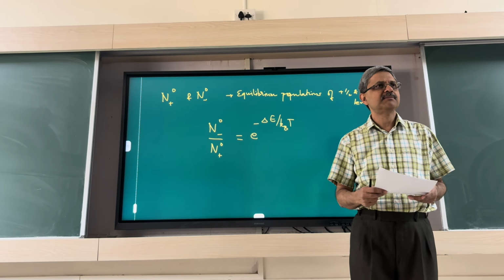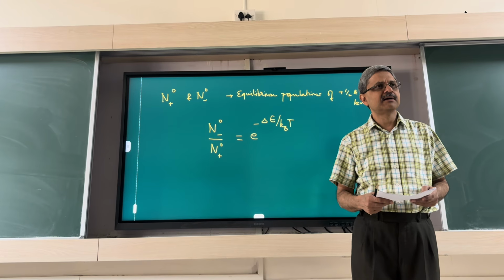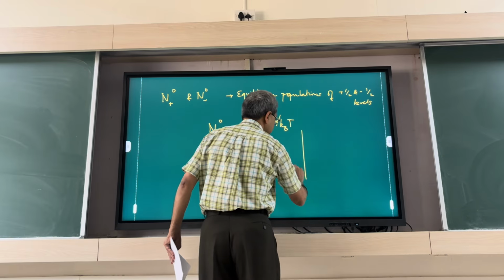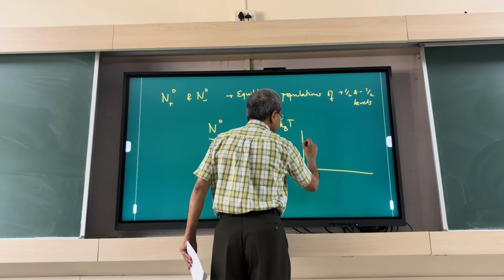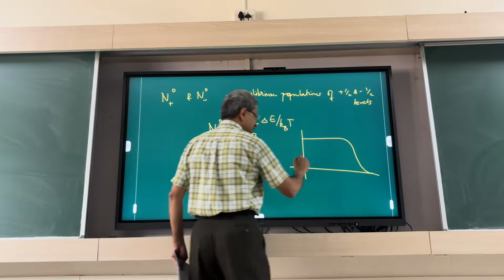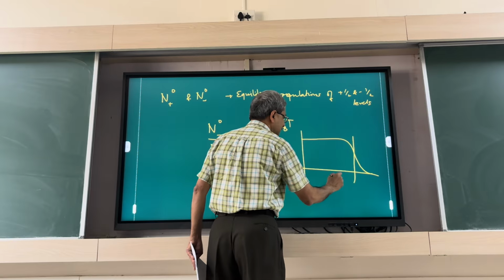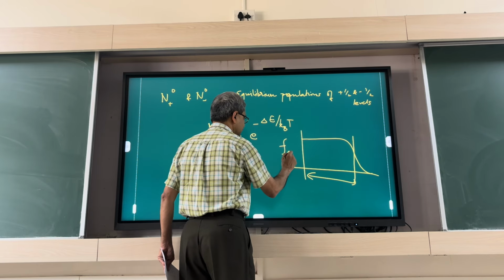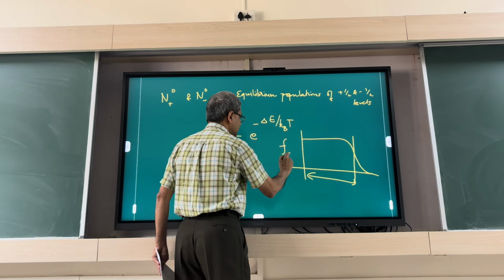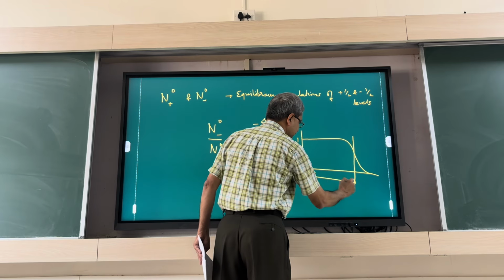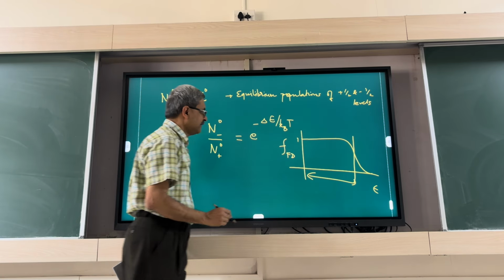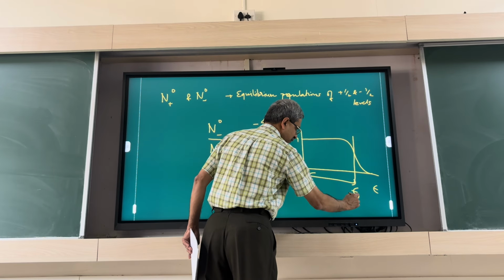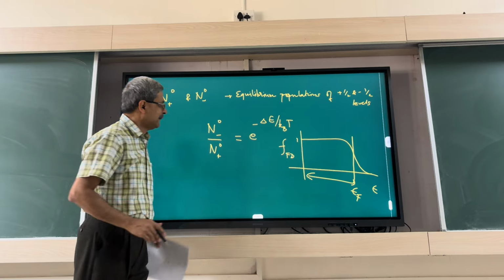Like the Fermi function, we consider 0 to 1. The Fermi function is something like this, where you have to watch out at typical temperatures. We are looking at the Fermi-Dirac distribution function as a function of energy, and this is the chemical potential, more familiar as the Fermi energy.